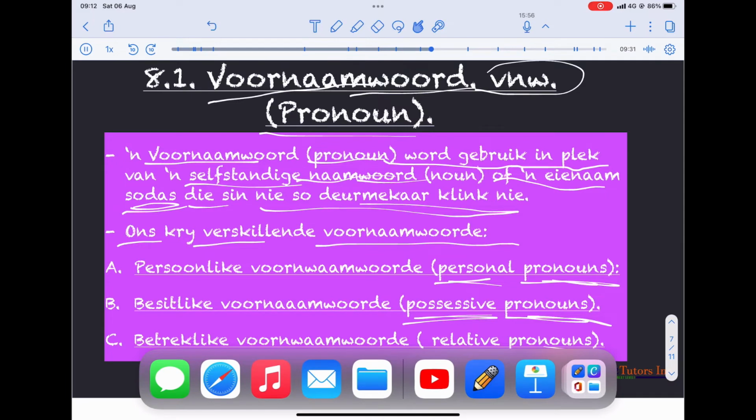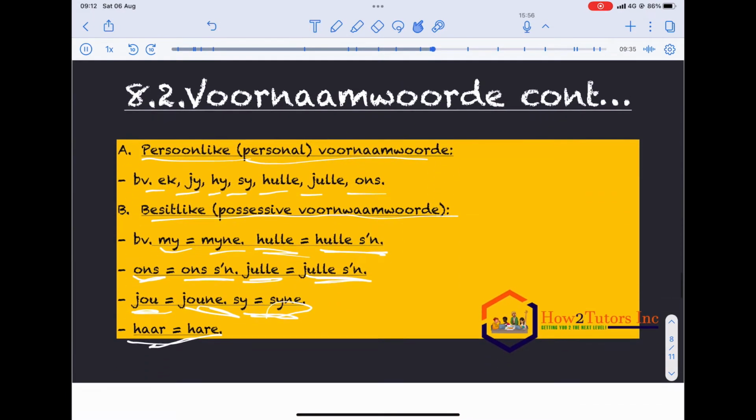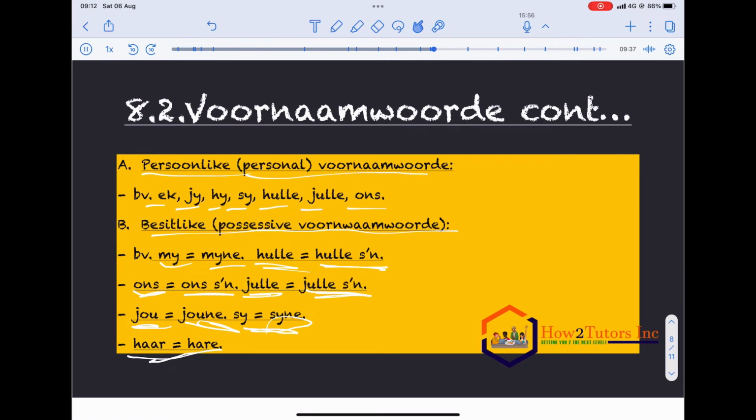Persoonlike voornaamwoorde are personal, and examples of these, voorbeelde van hierdie, is ek, I; jy, you; hy, he; sy, she; hulle, them; julle, you; ons is us.